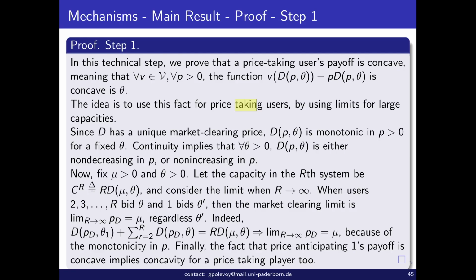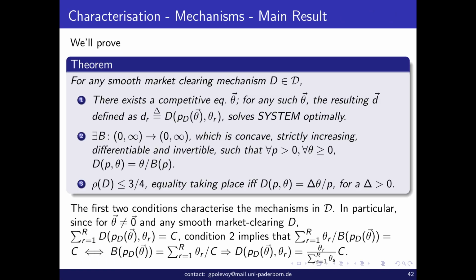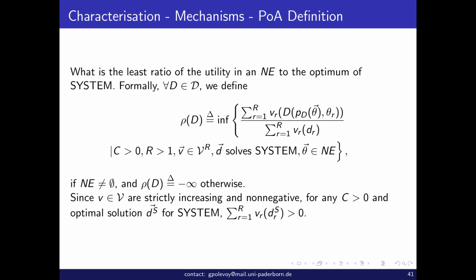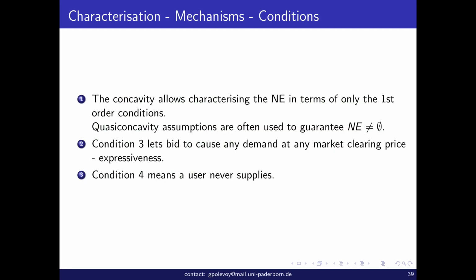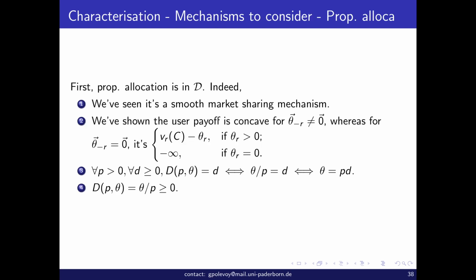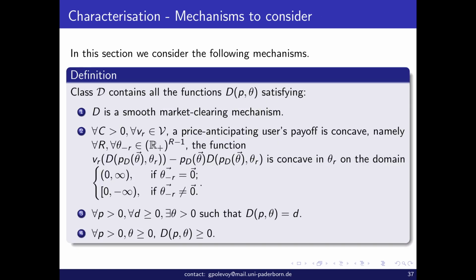Now, how we show it for price anticipating users. That's our assumption, of course, that the price anticipating user's utility is concave.